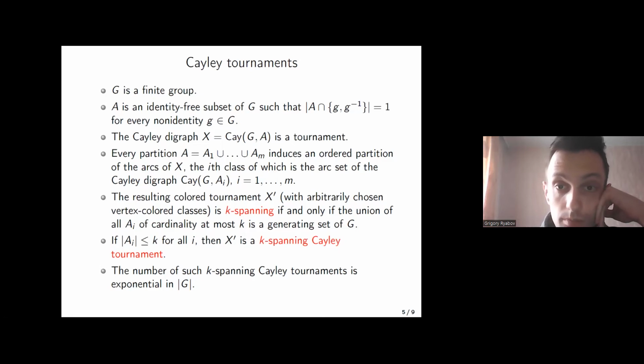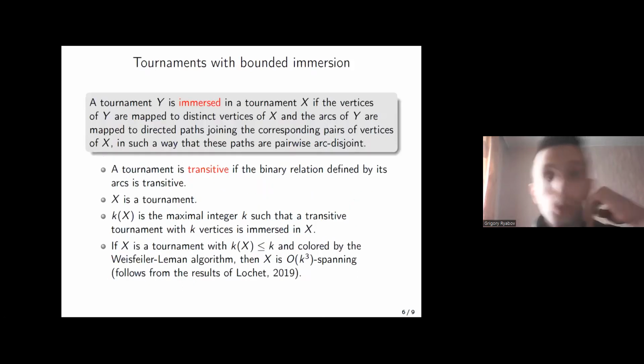So, let us consider the following family of examples of k-spanning tournaments. But before that, I recall one more definition. Maybe it is well studied in graph theory, but in this context it is quite new and unusual.